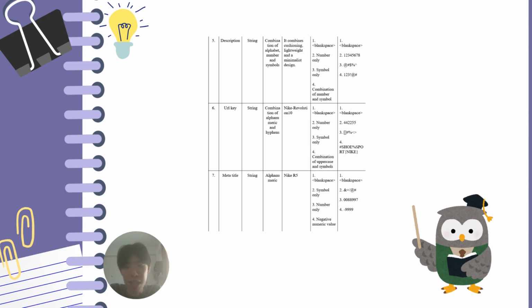Similarly for the URL key, the valid case includes Nike Revolution 10, but numbers only, symbols only, or invalid combinations should trigger validation errors. For the meta title, a valid example like Nike R5 will pass, but symbols, numbers only, or negative values will fail. For all of the attributes, for the invalid class and invalid data type, we test a minimum of 4 times.